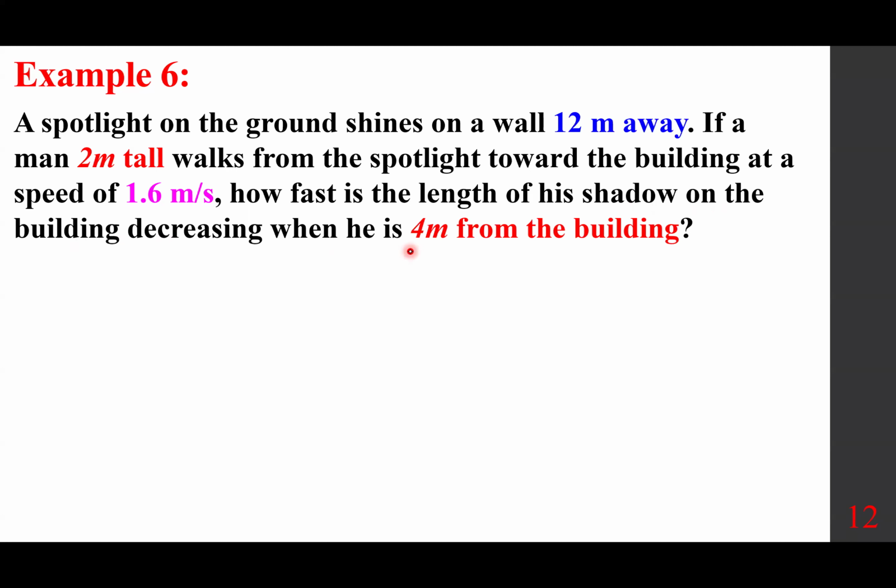So the idea is that you have a spotlight and you have a wall. This is the spotlight and this is a wall, and it's shining. Now the distance is 12, and there's a guy 2 meters tall that is moving towards the wall. So the spotlight is somewhere here. The man is walking towards the wall.